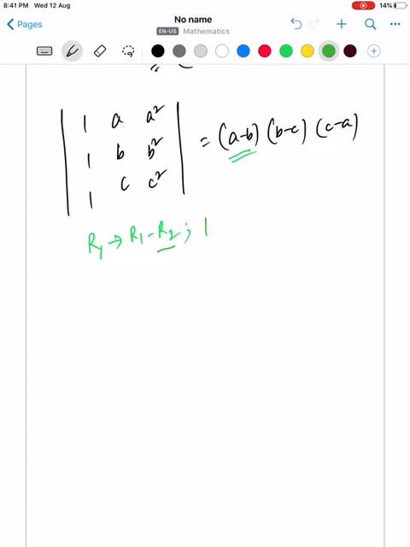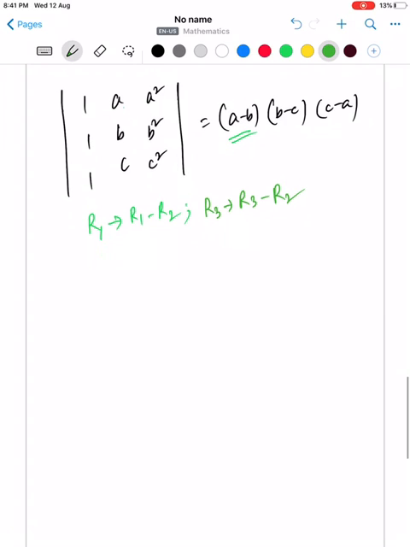I told you R2 we already used, so I will do R3 implies R3 minus R2. Don't ever forget this one. The row which I already used, I cannot use that row again. Clear?